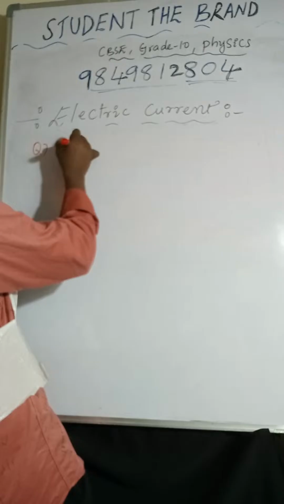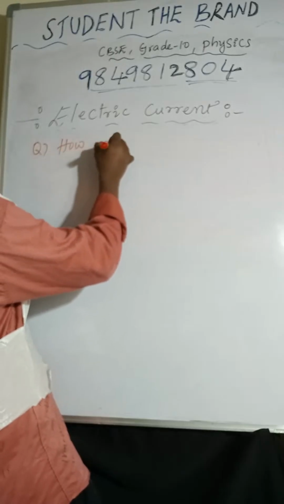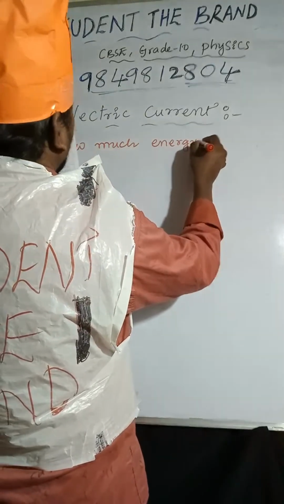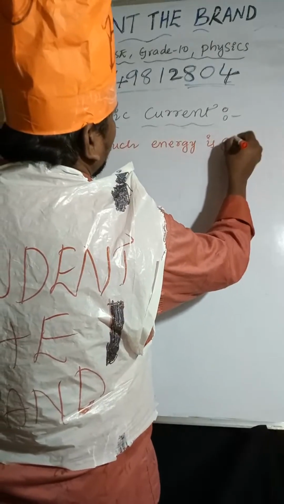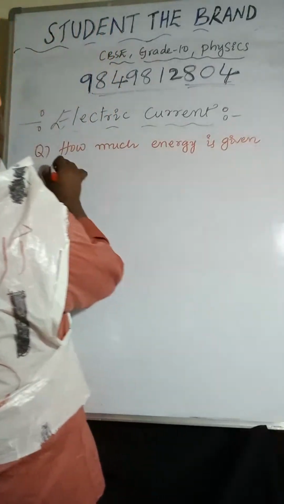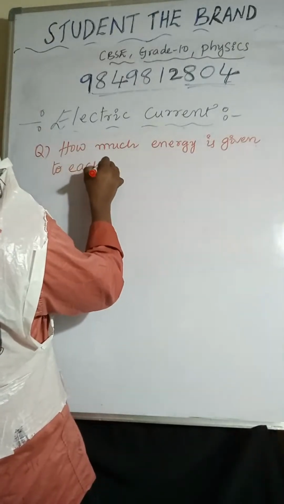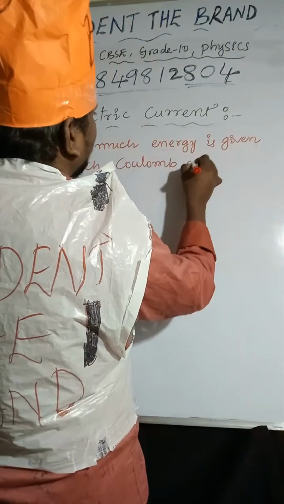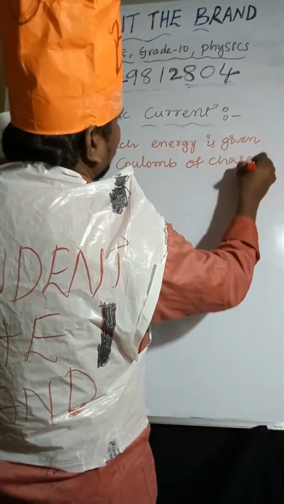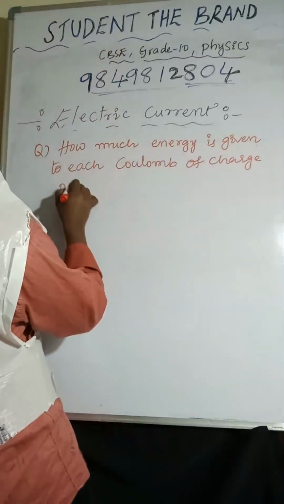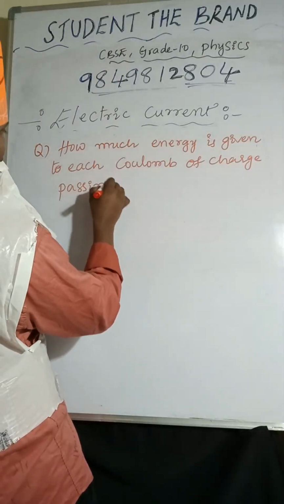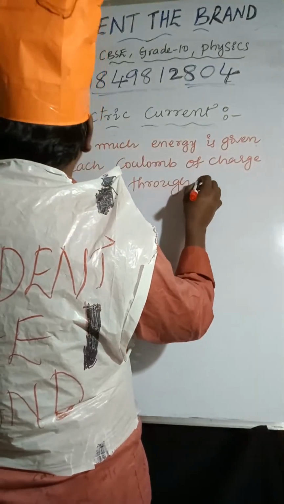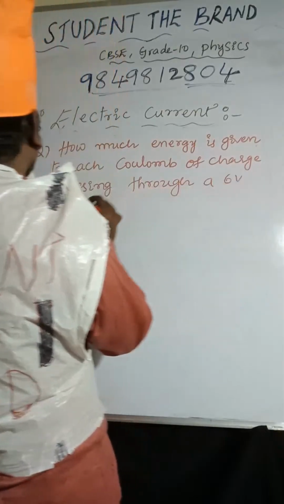How much energy is given to each coulomb of charge passing through a 6 volts battery?